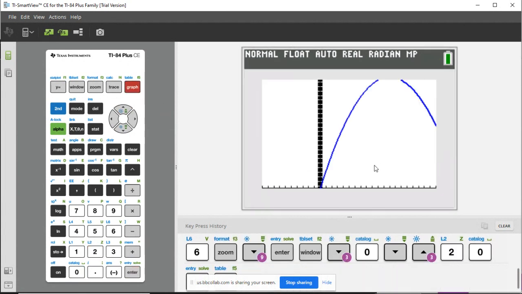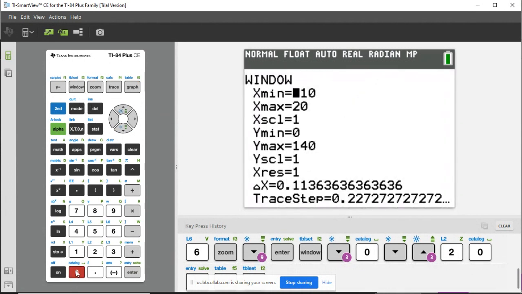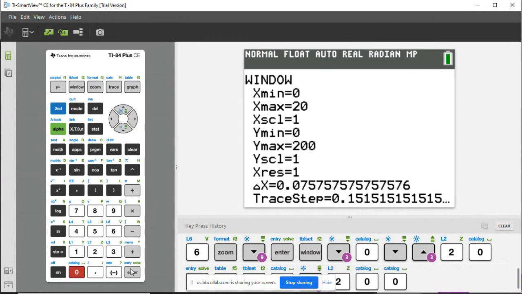It looks like there's a max here, but I still couldn't see the top, so the top got truncated. I have to adjust my window a little more. I can start with 0, I don't really need a negative here. This maximum is really big, so I'm going to use 200 instead.